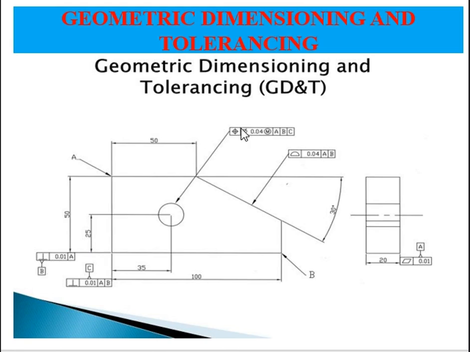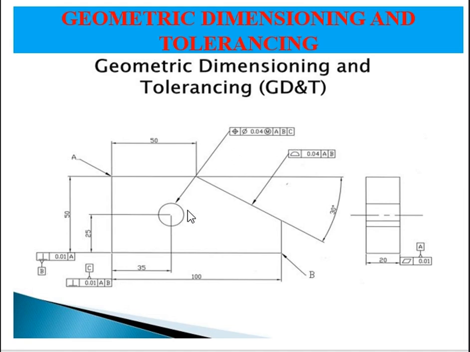But what this rectangular feature frame is saying is that I can allow a diametral tolerance of 0.04 on maximum material condition with respect to three references: reference A, which is the primary reference; reference B, which is the secondary reference; and reference C, which is the tertiary reference.